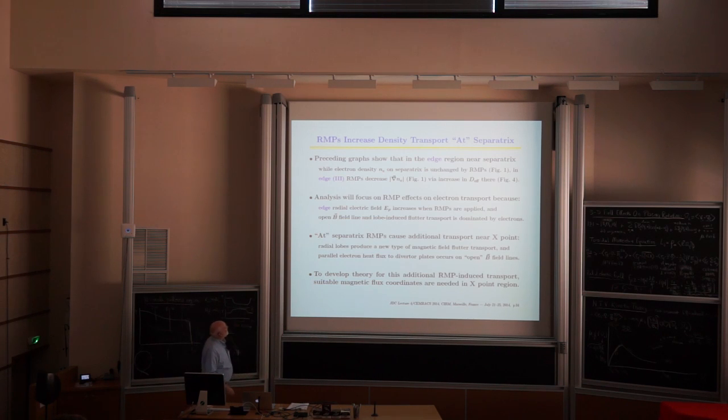Okay, so the basic idea is that we'd like to begin to look at the separatrix, what happens. Now, to develop analytic theory, which is my bailiwick, and trying to relate these to experiment, we're going to have to develop a suitable magnetic flux coordinate system in the X-point region.